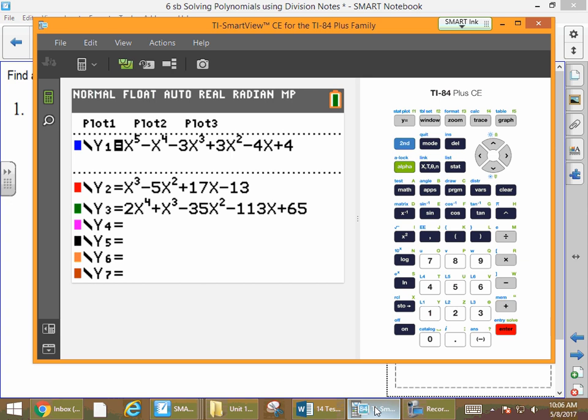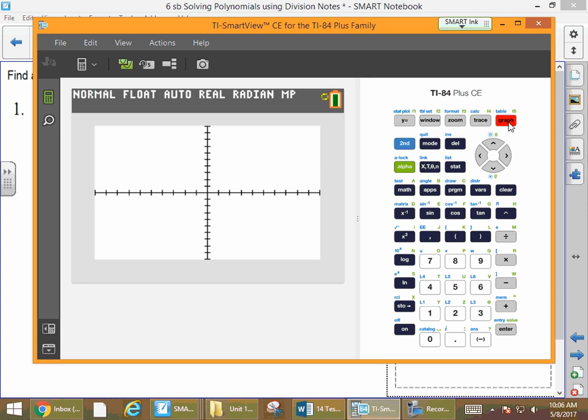We type that into our calculator. And then when we hit graph, we get that picture. As we take a look at this, can we identify any of the roots, also known as x-intercepts, of this function?